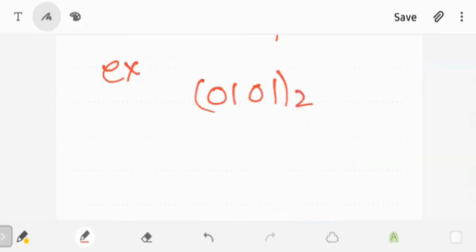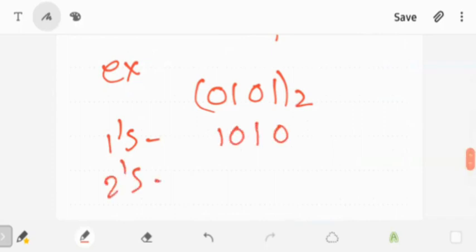This is the binary number. So what will be the 1s complement of this? It will be 1010. What will be the 2s complement of this? It will be 1011. Okay, I have added 1 here. Understand? Okay. Now with these fundamentals, let's move to signed binary multiplication.